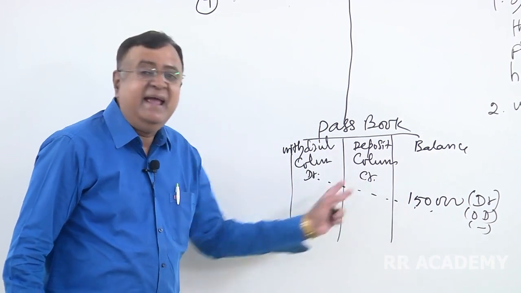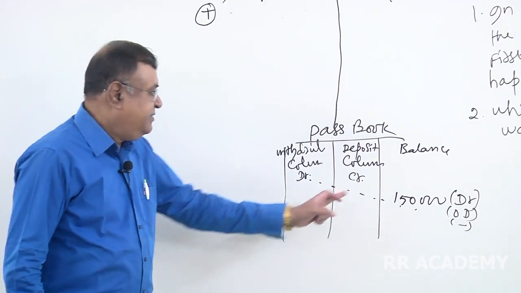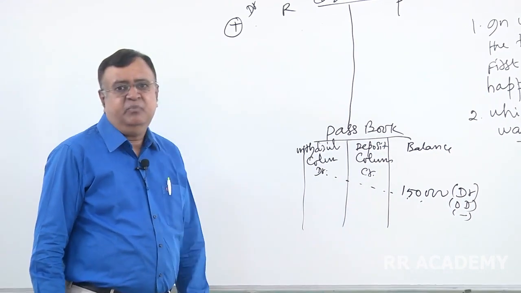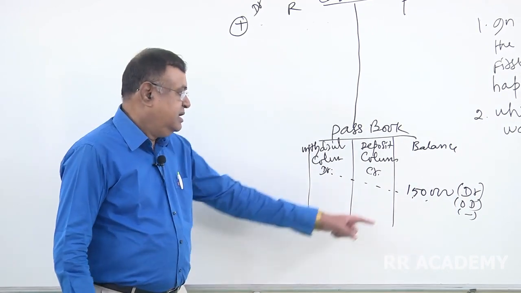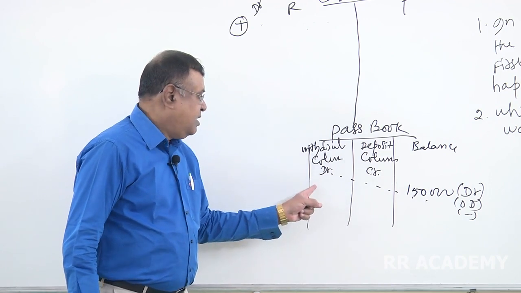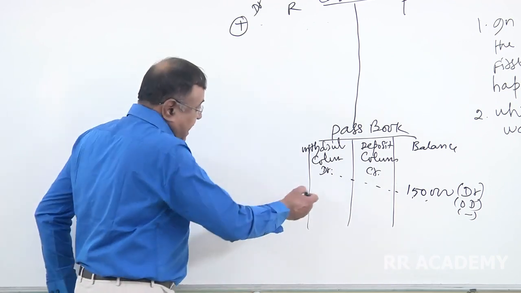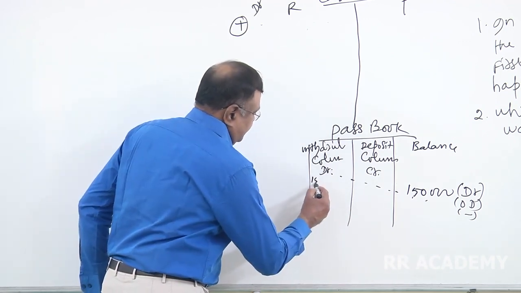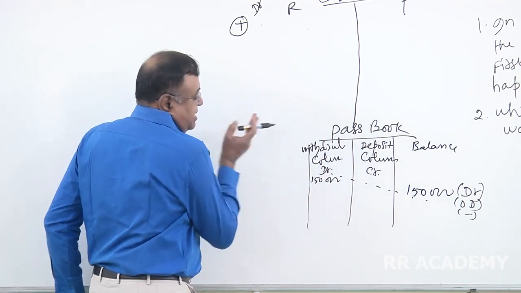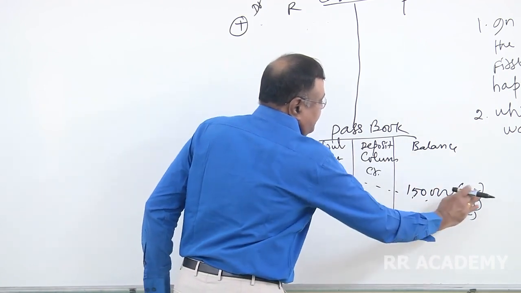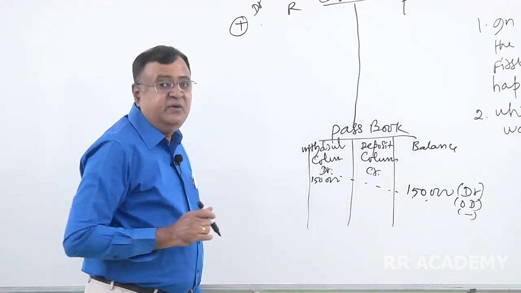Right. I have taken 1,50,000. Then how will this appear in my passbook? Debit balance. Because I have taken 1,50,000, I have taken withdrawal. Therefore, 1,50,000, I have taken.